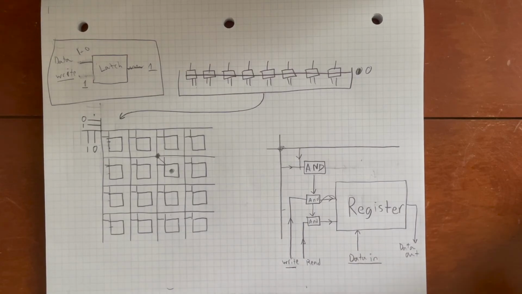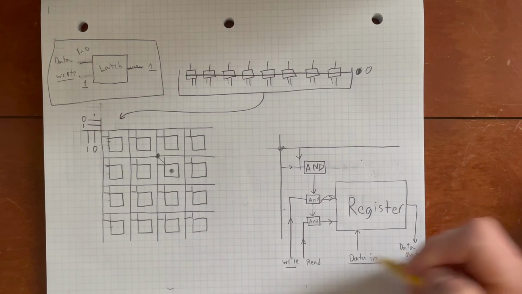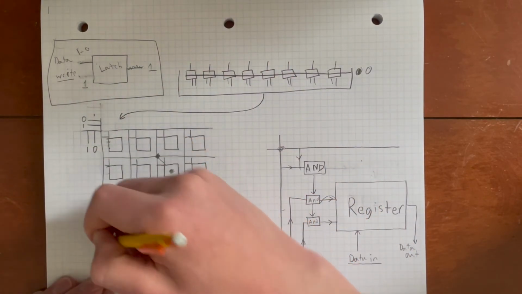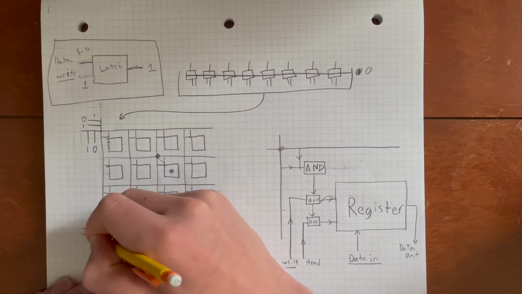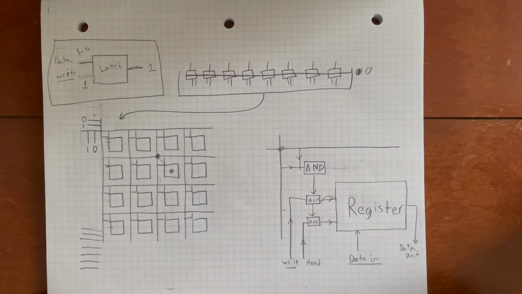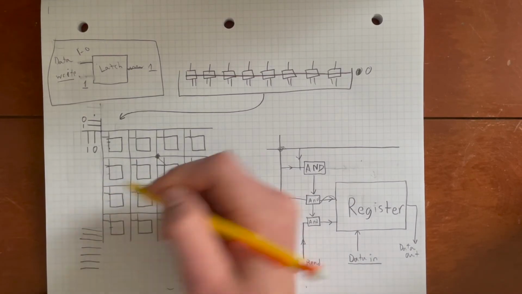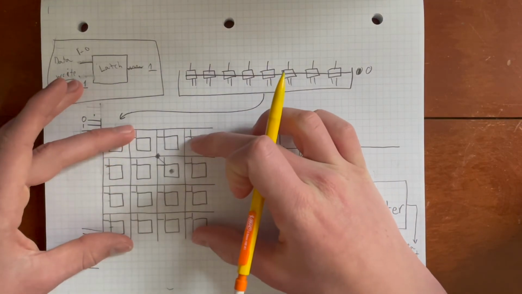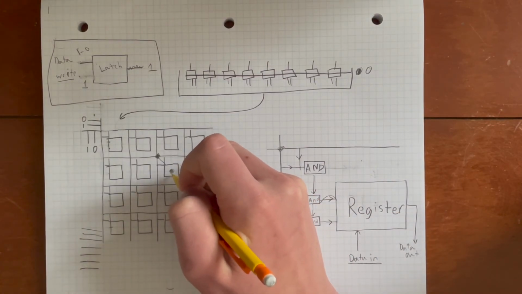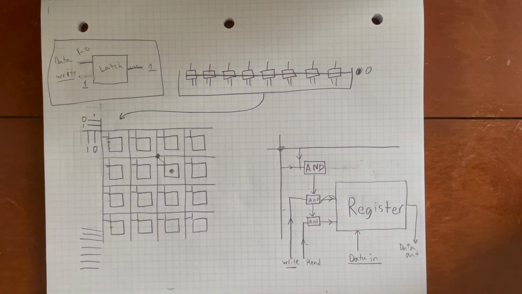That is very convenient, and it also even works for the data output too. We can just have one grid for data output that we read down here as an 8-bit output. We can just take that from all of these, because as we know, it'll only ever be coming from one of these registers.